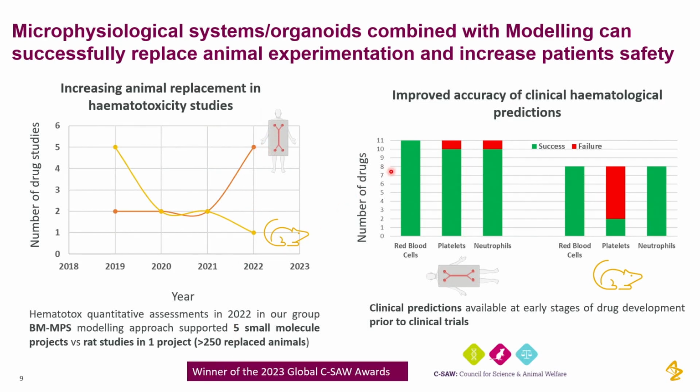And that's because we have improved accuracy of our predictions when we use the MPS than when we use the rat. And even if there are failures in the MPS, that there are and there will be, one advantage is that we control the system, and we can even understand the failure, because in this case we are very close to understanding why it happened. While with the rats, the failures are common, and it's very difficult to understand why, so it's very difficult to predict when it's going to fail in the future.